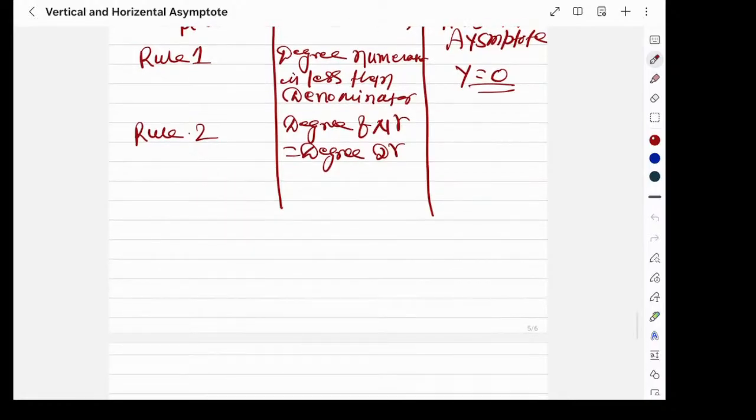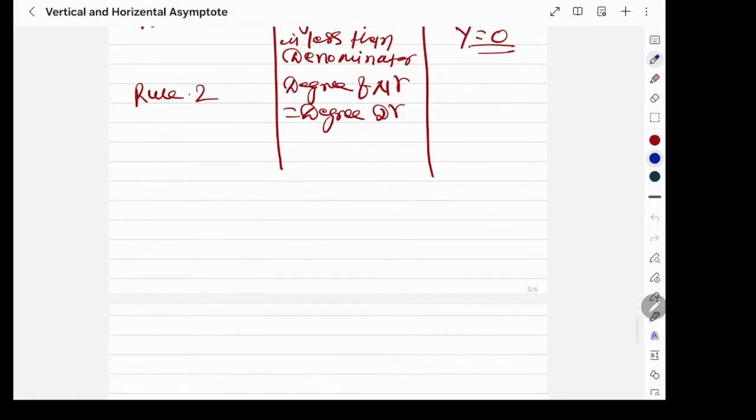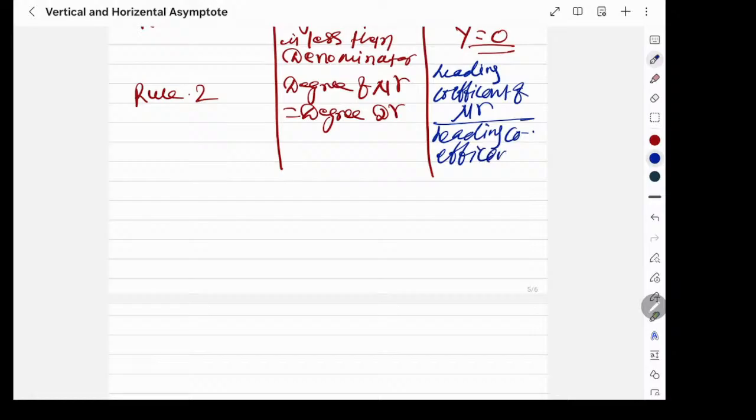Next, if the degree of the numerator is equal to the degree of the denominator, then the horizontal asymptote is the ratio of the leading coefficient of the numerator over the leading coefficient of the denominator.